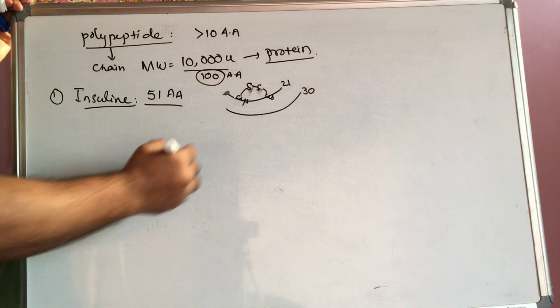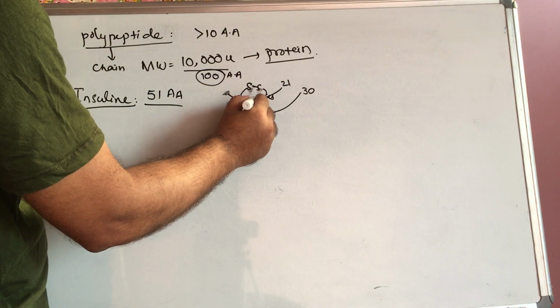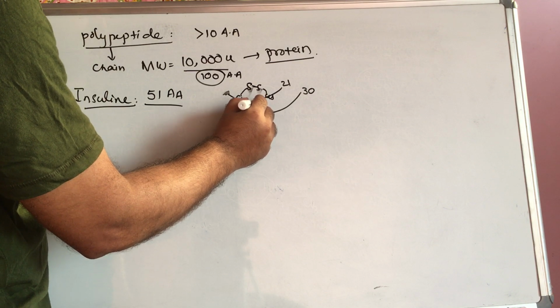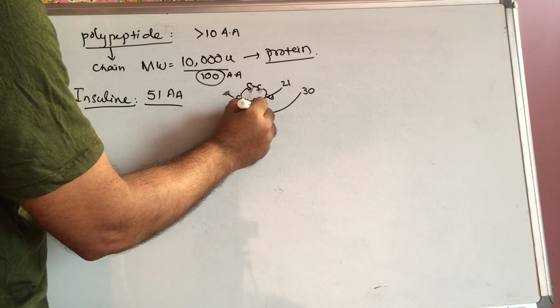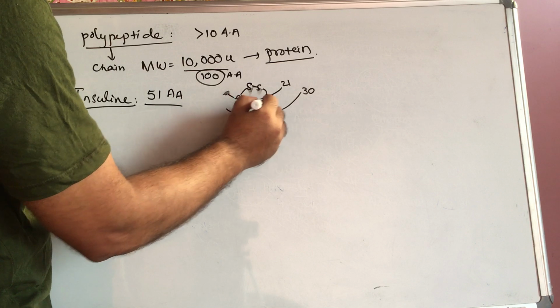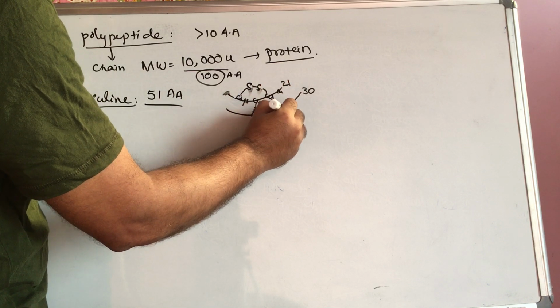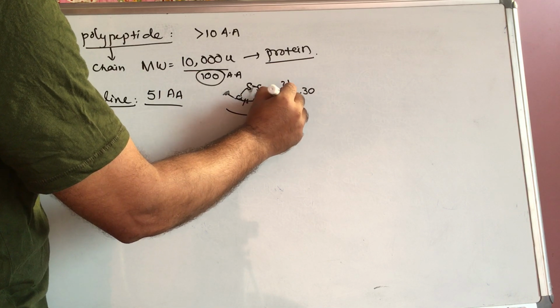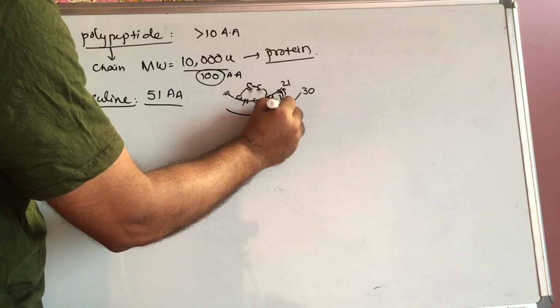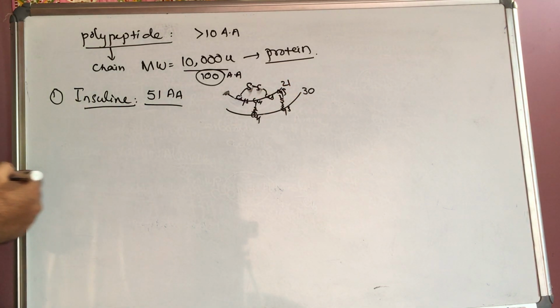Here also consider cysteine, and a disulfide linkage is formed. Here consider cysteine, and here also cysteine. The sulfur linkage in between is called a disulfide linkage.